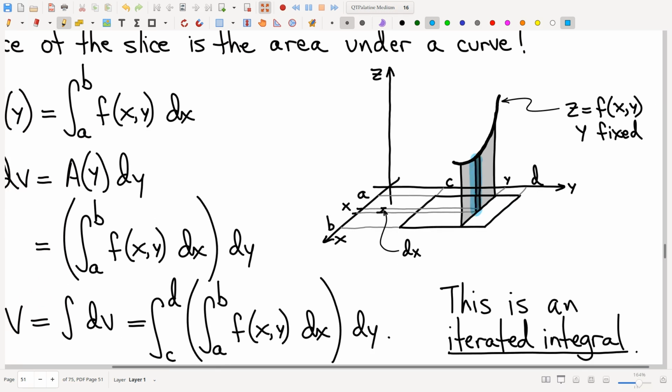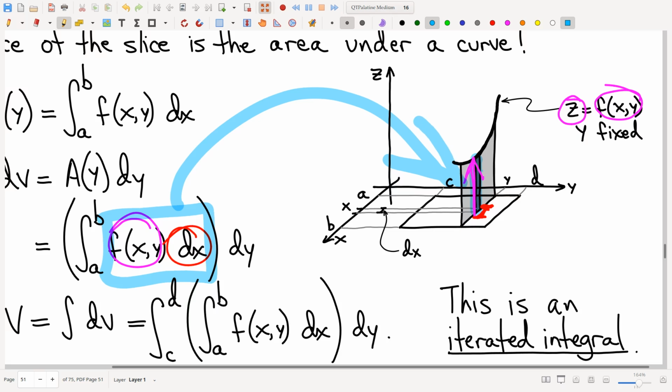This area I compute as a height, which is the value of the function, times this thickness, which is dx, and so this is literally computing that little strip of area right there.